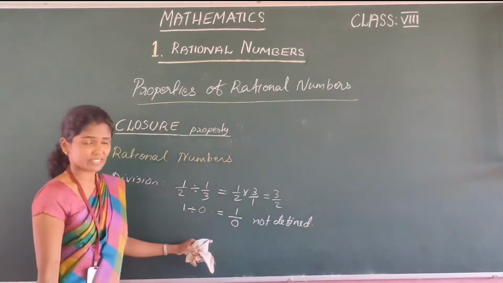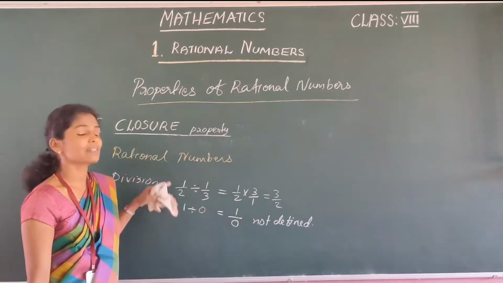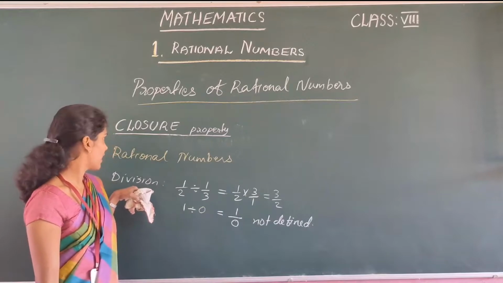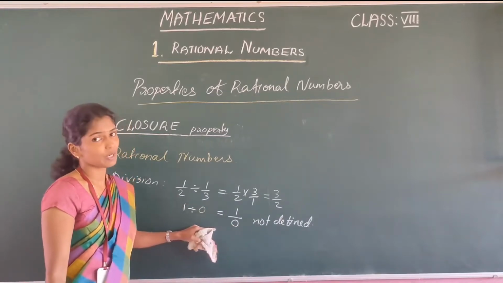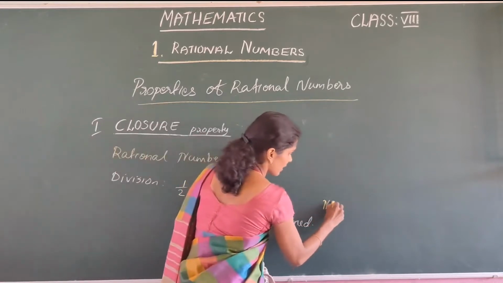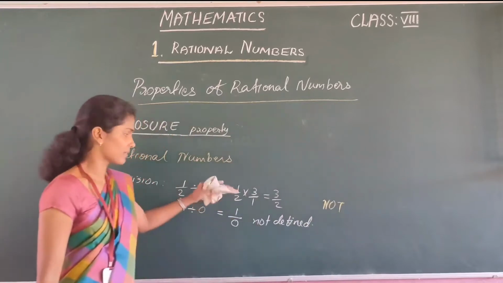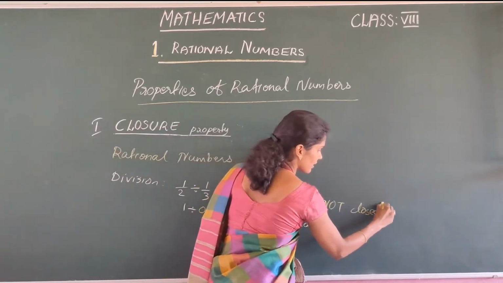So this is a special case. In other cases, rational numbers are closed under division. But in the case of 0, this is not closed under division. Therefore, in all, we say not closed under division.